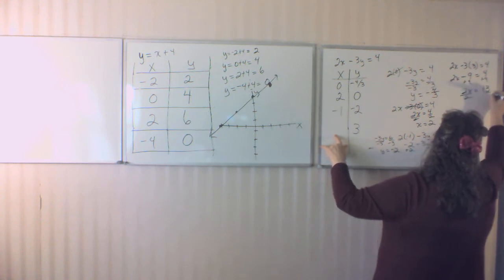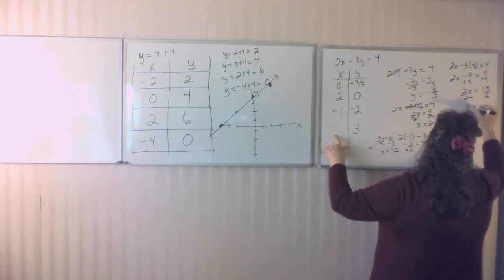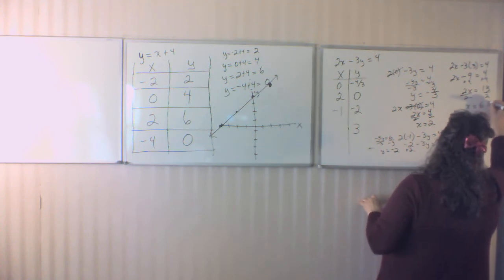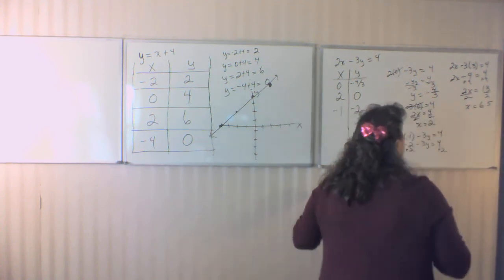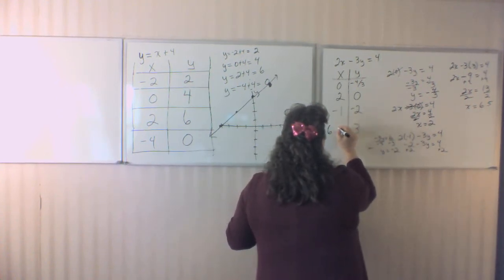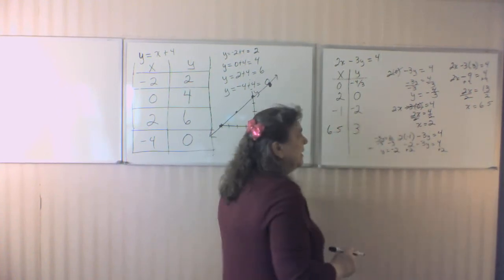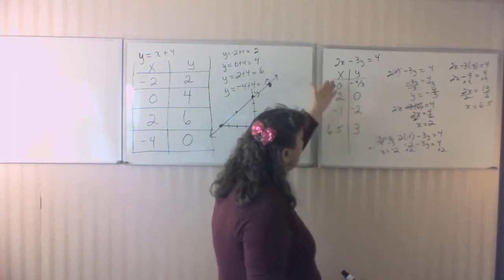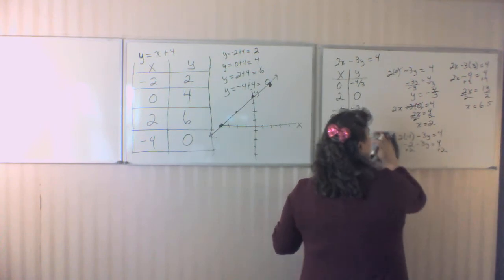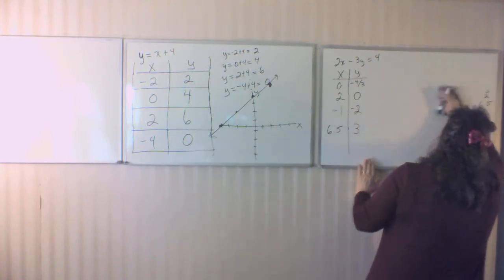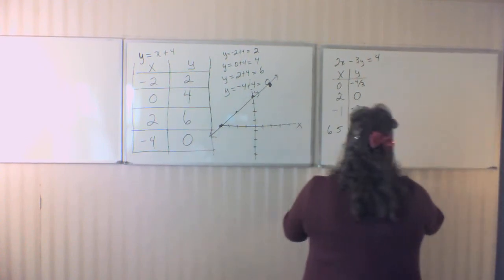Divide by 2, and x is equal to 13 halves, which is 6.5. All right? So, now we're going to put that here. Now that we know what that is, our first thing now is to take these points that we just calculated, and we will now graph. And that will be the last thing we do on this.